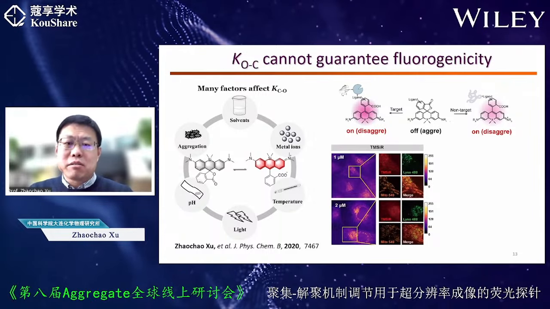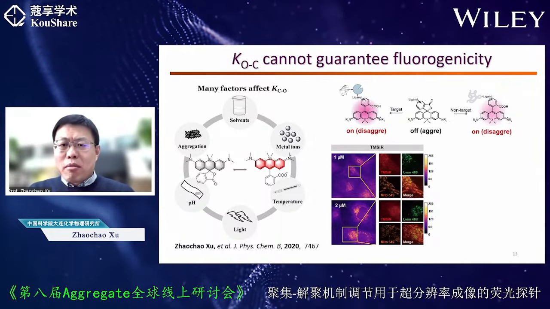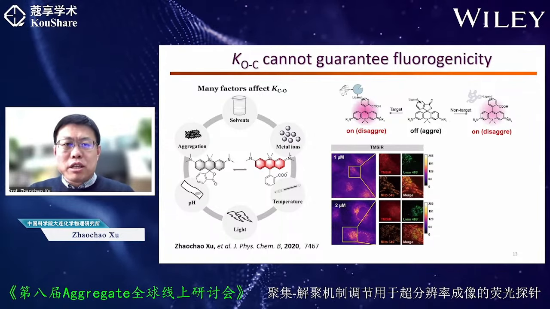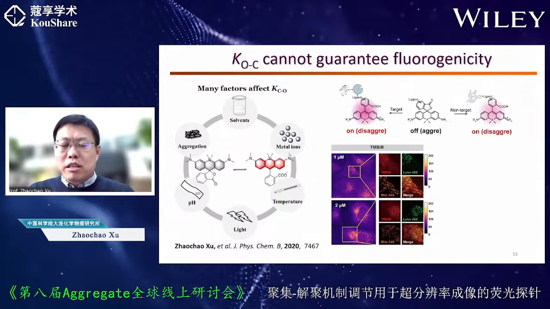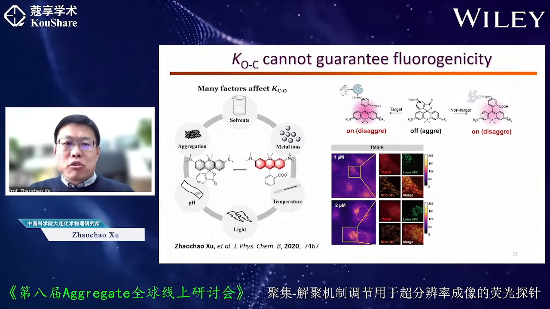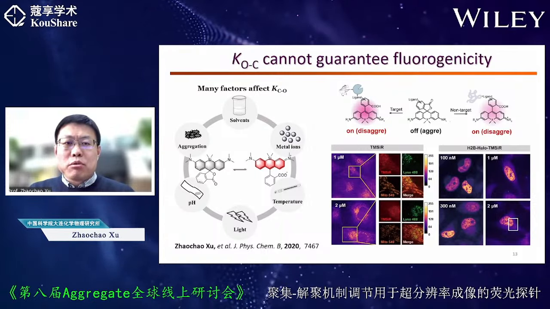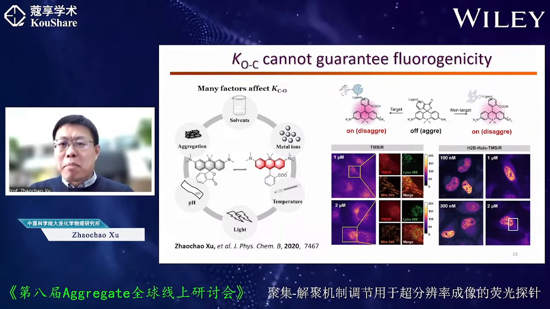For instance, silicon rhodamine simply stains mitochondria when entering cells. Here you can see the mitochondria imaging. But when there are target molecules in cells, we transfected Halo protein to the nucleus here.